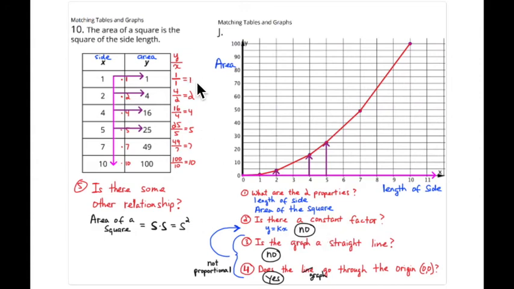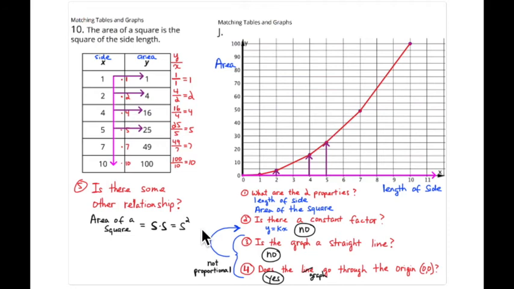So is there a constant of proportionality? No, there's not, but there is an interesting relationship. Is the graph a straight line? No, it's not. Does the graph go through 0? Yes, it does. But since it's not a straight line, and since there's no constant of proportionality, it is not a proportional relationship. This actually has an interesting name in that it's based on using an exponent.